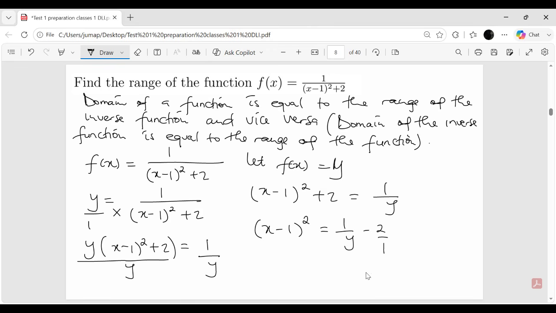Then here the common denominator is y. Then y into y is 1, 1 times 1 will be a 1. Then 1 into y is y, y times the 1 times negative 2 will be minus 2y. Then this I'll say equals (x minus 1) squared.